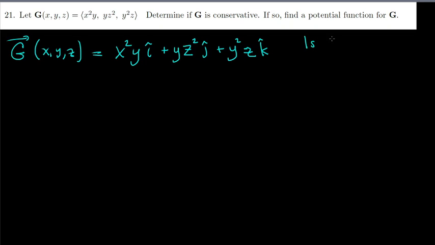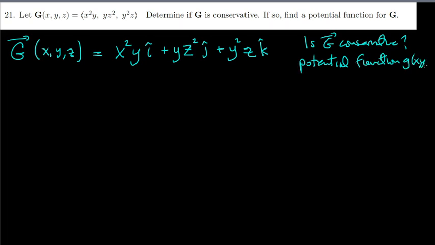So is G conservative? Yes or no? I mean, we could just guess, but if we guess no and it is, then we're missing the potential function. So if it is conservative, we can find a potential function, which we'll appropriately call little g of x, y, and z.